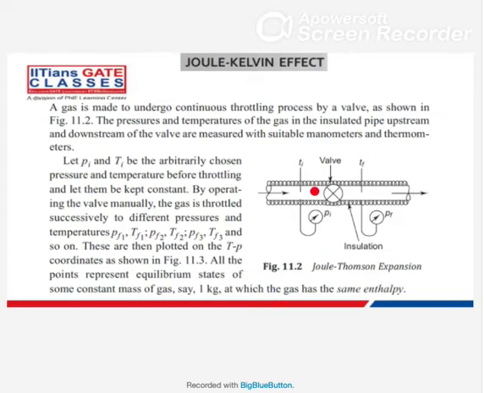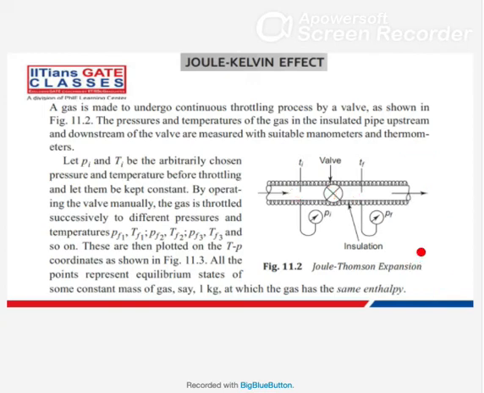So we can draw this: we have the initial condition. Now you open the throttle valve, you will get, let's say, Tf1, then you open more, you will get Tf2, then Tf3. So you get different conditions for the same inlet.